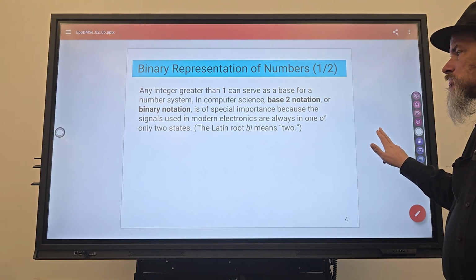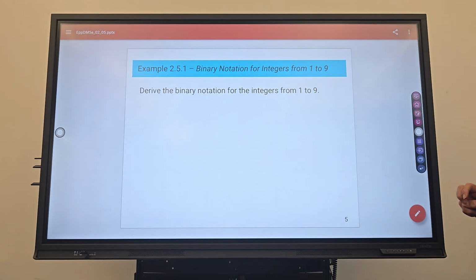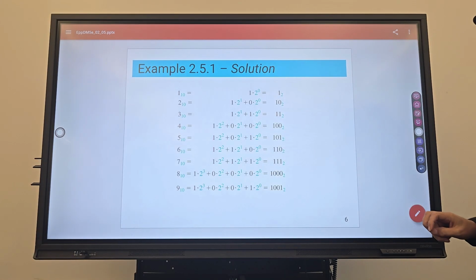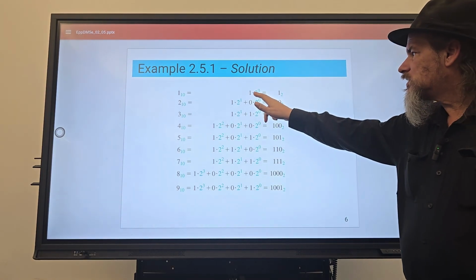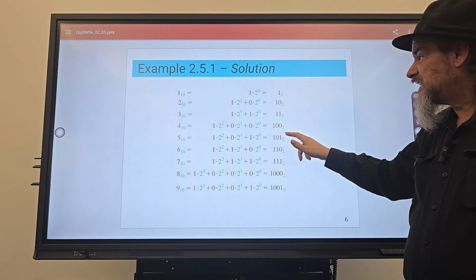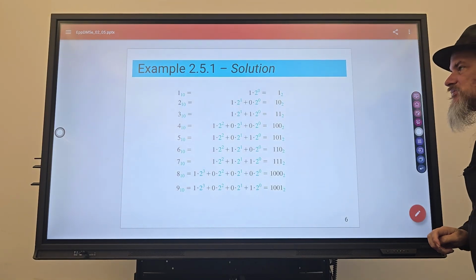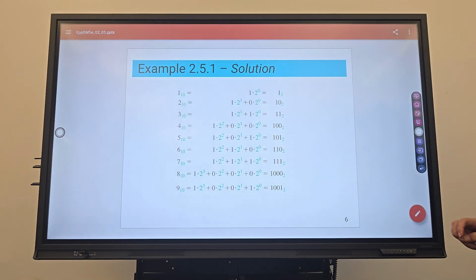So, derive the binary notation for the integers from 1 to 9. Well, the first bit is the one's position.